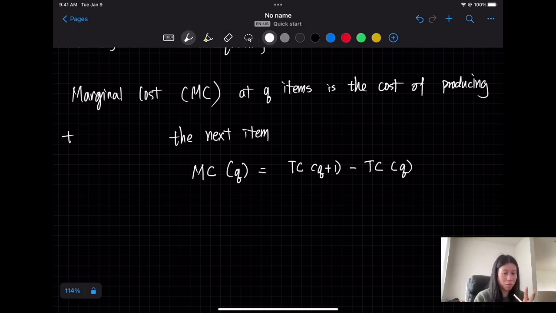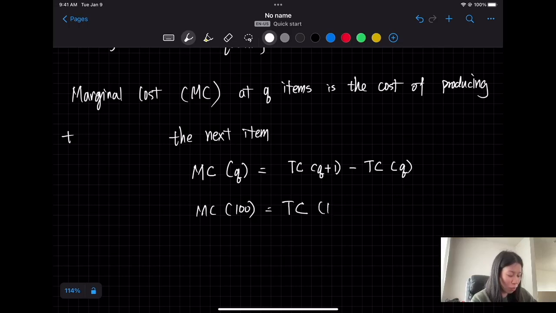So basically it is the difference from producing one extra item after you produce Q items. For example, the marginal cost of 100 bicycles should be the total cost of producing 101 bicycles, minus the total cost of producing 100 bicycles. That would be the marginal cost.